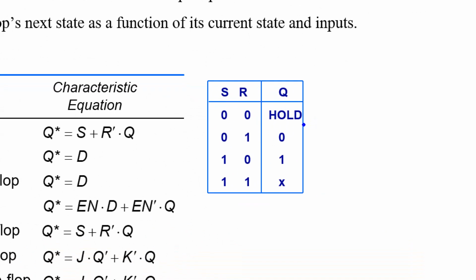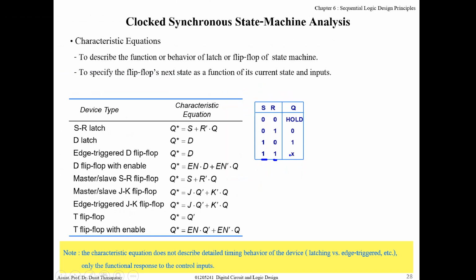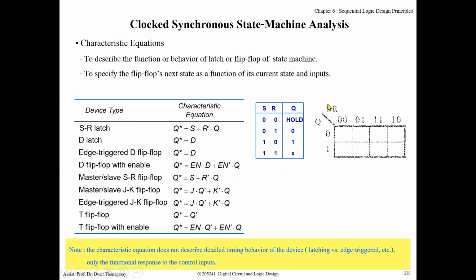When SR is 1, 1, normally we don't use it, so you can treat it as don't care. So from this, we write the equation for Q star. Q is the current value. Q star is the new or next value after the clock tick.